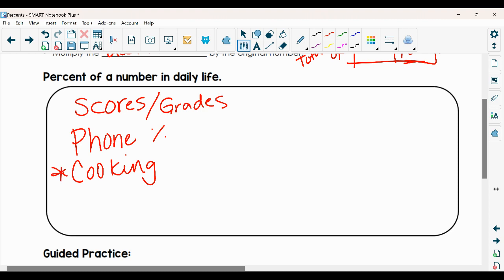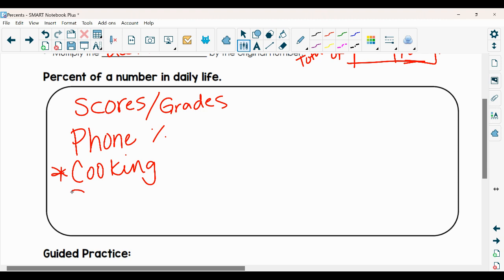Gracie? Oh, car, like how much gas you have left in your car. Yeah. Or when you go to the gas pump and it has like 100% ethanol or it has this percentage of ethanol and things like that.